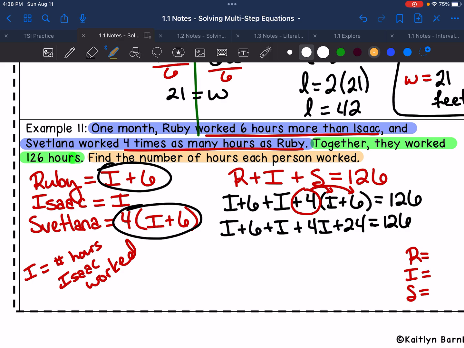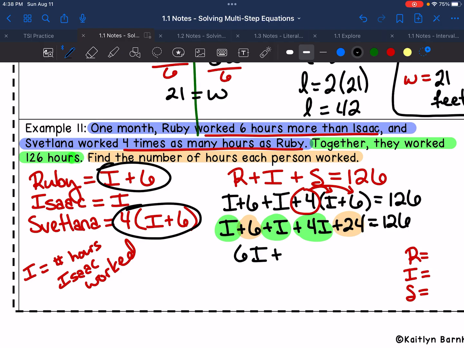Then combining like terms, I see that I have 1I plus 1I plus 4I. 1 plus 1 is 2, 2 plus 4 is 6, so that's 6I. Then I also have a positive 6 and a positive 24 on that left side, so that gives me a positive 30. And then I still equal 126.